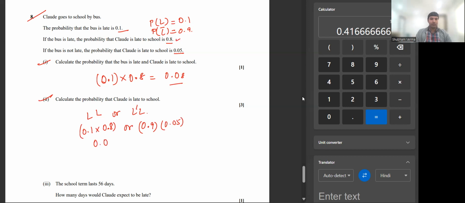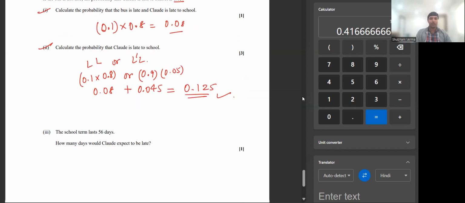So this is 0.08 plus 9 5s are 45, so 0.045. When we add this, we get 0.125. That is that.